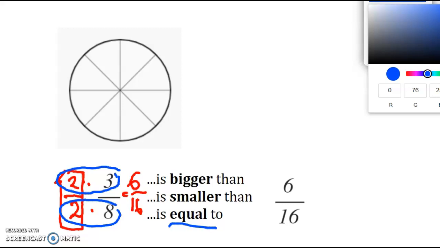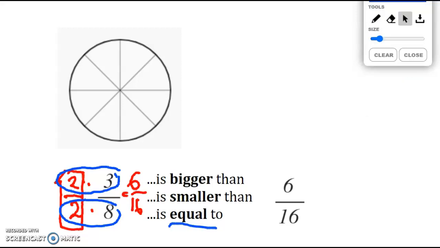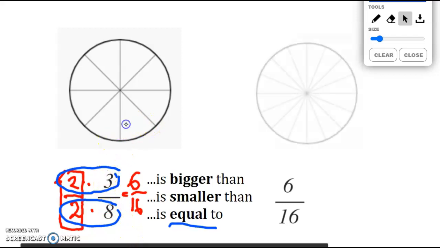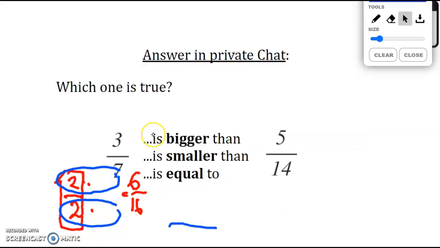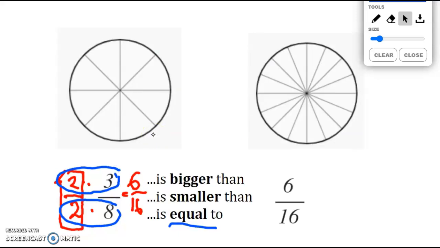Let's look at this more visually. 3 over 8 means this pizza is divided into 8 parts, and we have 3 of the 8 parts. 1, 2, 3 parts.